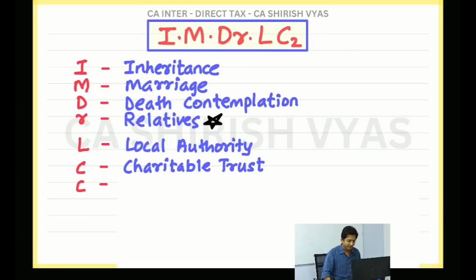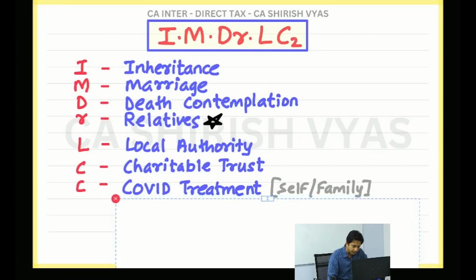Okay. So in short, his doubt was, what about other treatment? No. It is only COVID treatment. If you receive the gift, it will be tax free. But see, here there is one point. Who was suffering from COVID? Here what the law says is, either you yourself were having COVID or your family. And family means spouse, children, dependent parents, brothers and sisters.